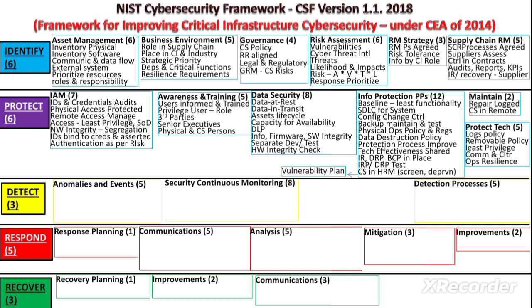Then you have to see the security for communication and control networks, and then you have to implement the protection technologies to ensure the operational resilience in case of any disaster or in case of any incident.